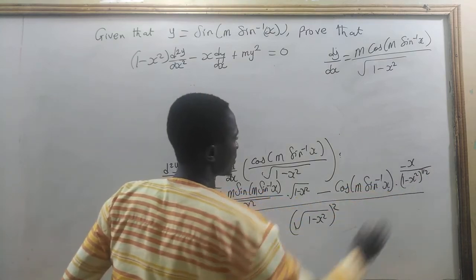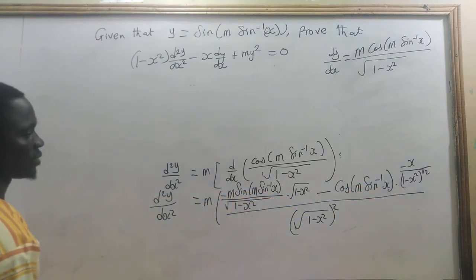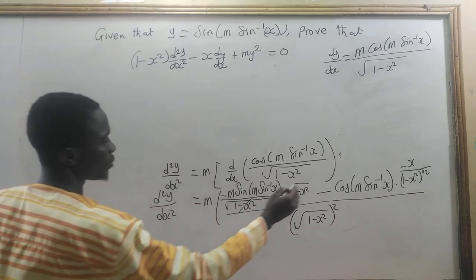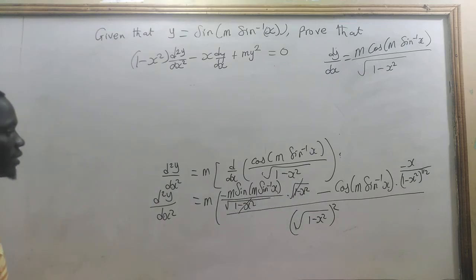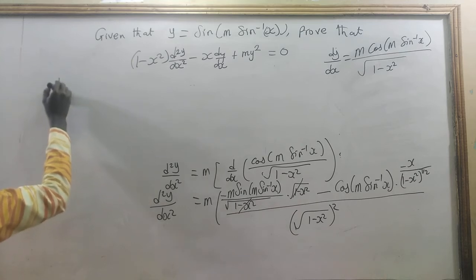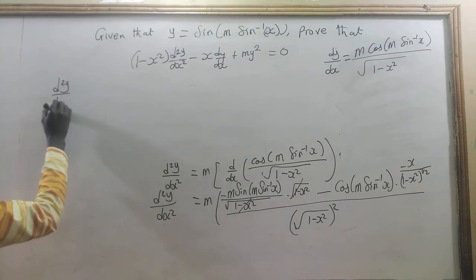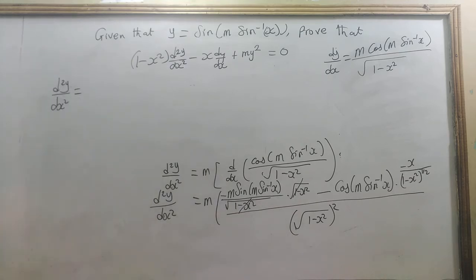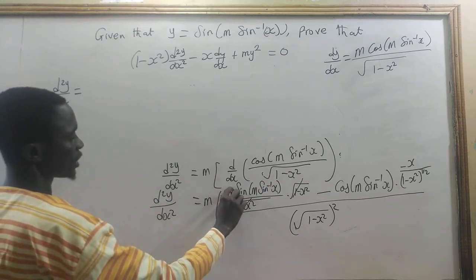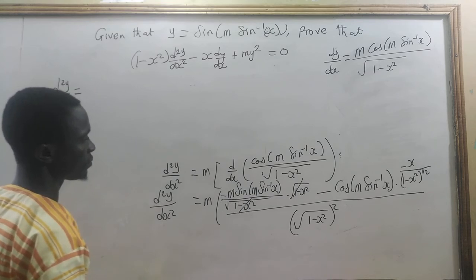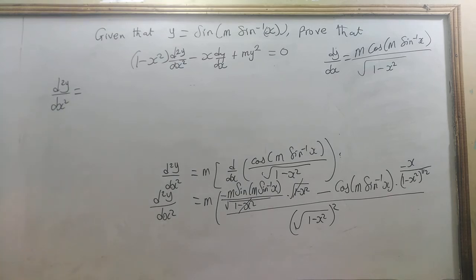Here we have this, so let's simplify. Here, this one will cancel this. And we are going to have d²y on dx squared equal to, I'm multiplying 2 by m.